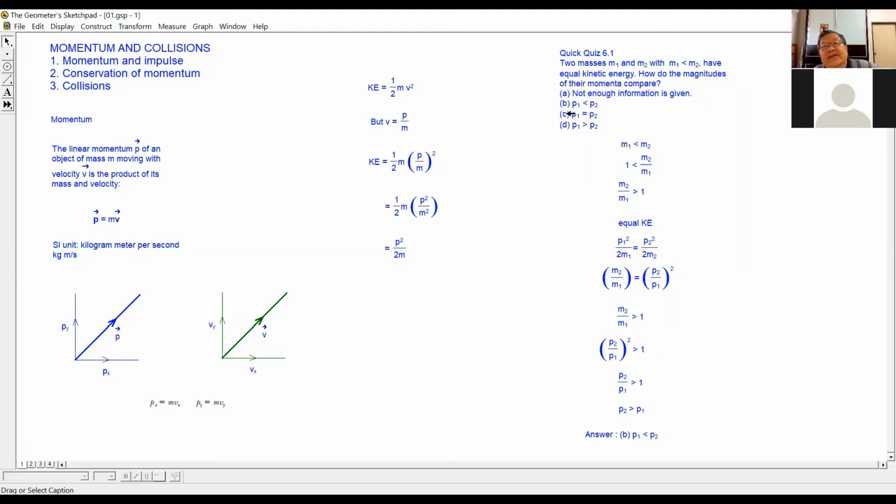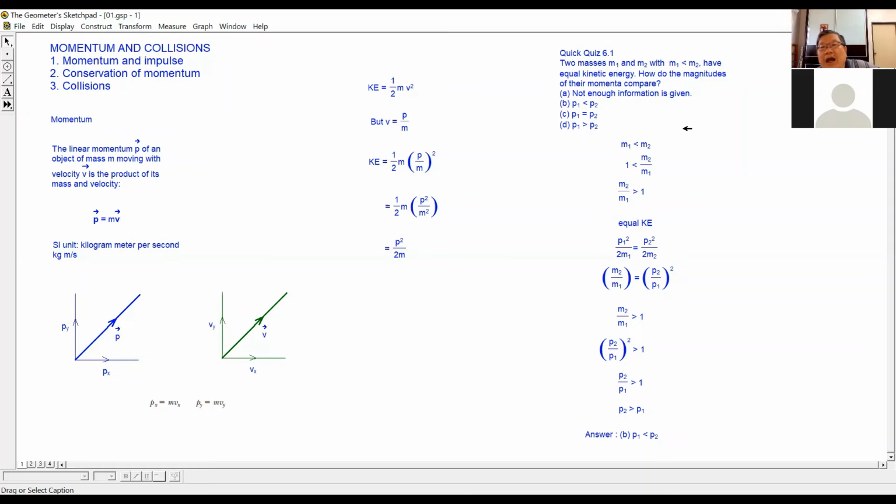The second answer says the momentum of the first object is less than the momentum of the second object. The third answer says, oh, both of them have the same momentum. And finally, the last answer is the momentum of the first object is bigger than the momentum of the second object. So which one of these statements is true? A, B, C, D? Which one is true?